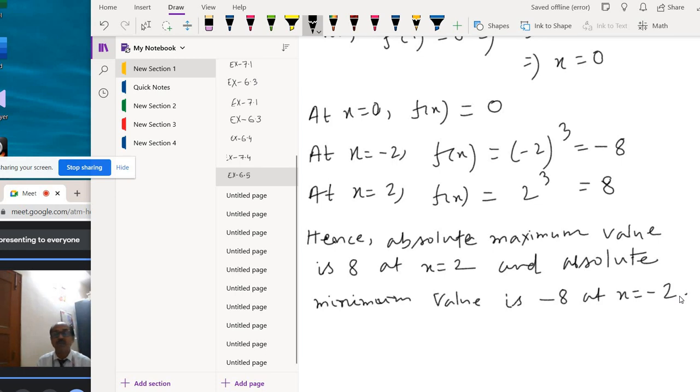Clear? Absolute maximum and absolute minimum value.